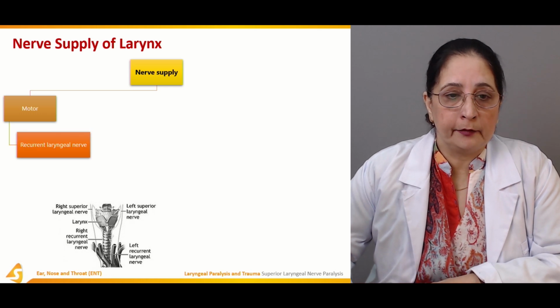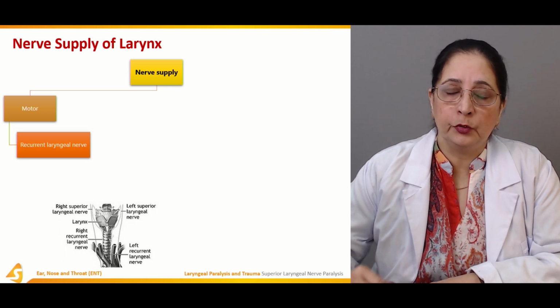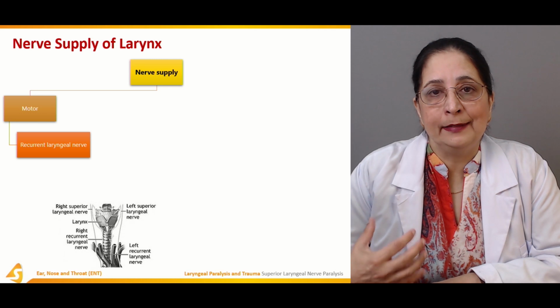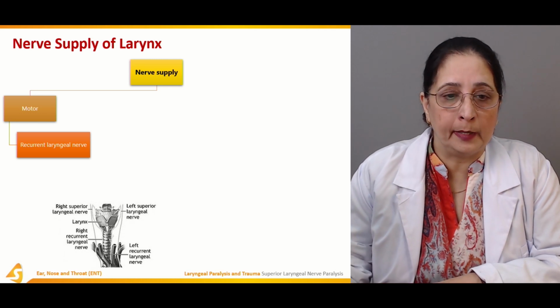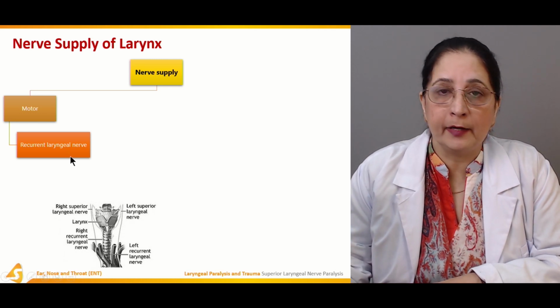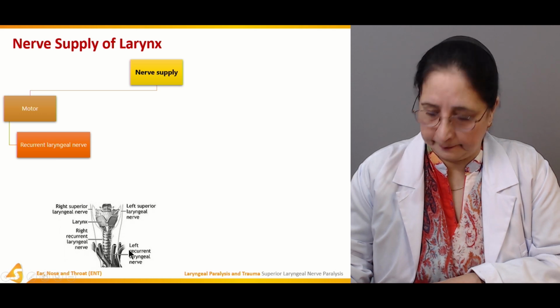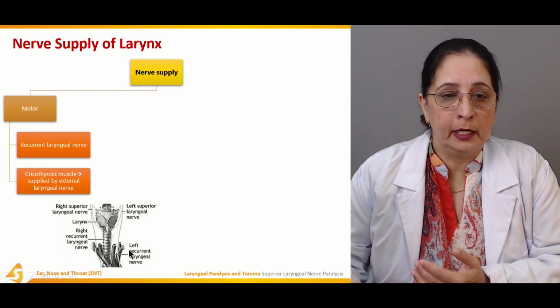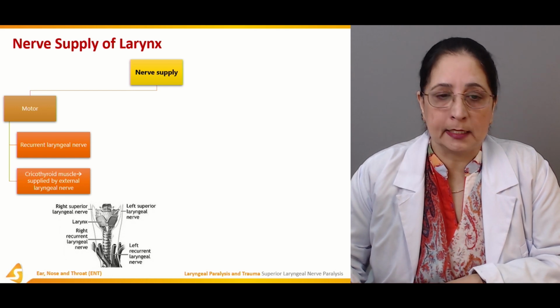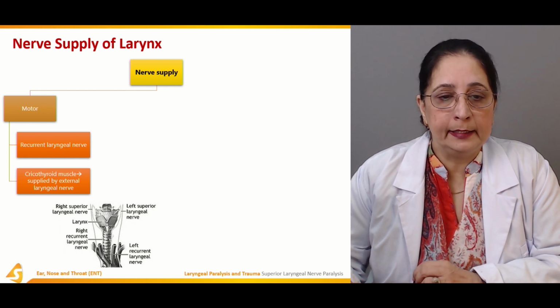Motor is recurrent laryngeal nerve, so the motor function of the larynx is controlled by the recurrent laryngeal nerve. The cricothyroid muscle is supplied by the external laryngeal nerve.